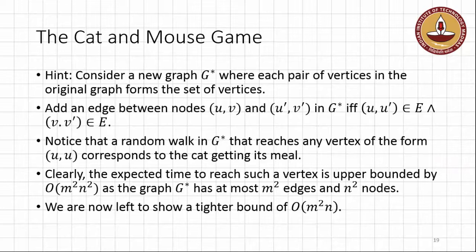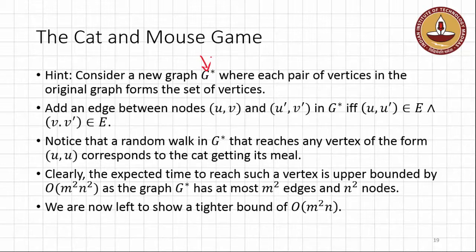Now, to understand this problem and get a handle on it, what we should do is consider a new graph, and we call that graph G star. In this graph, there are more vertices. There are actually n squared vertices.